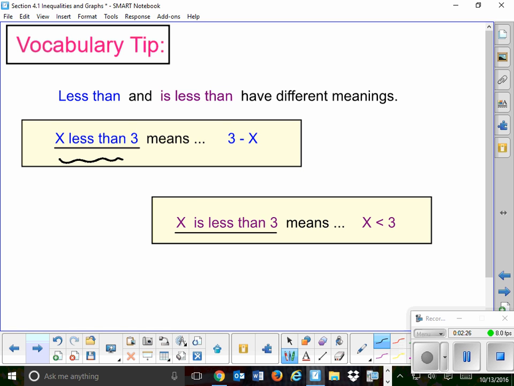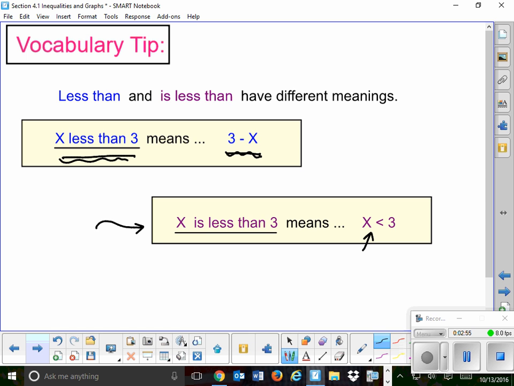This is what we've done with subtraction since the beginning of the semester. In section 1.1, x less than 3 means you take 3 minus x. What we're moving into today is inequalities, which start off with x is less than 3, and that means x is less than 3, right there.